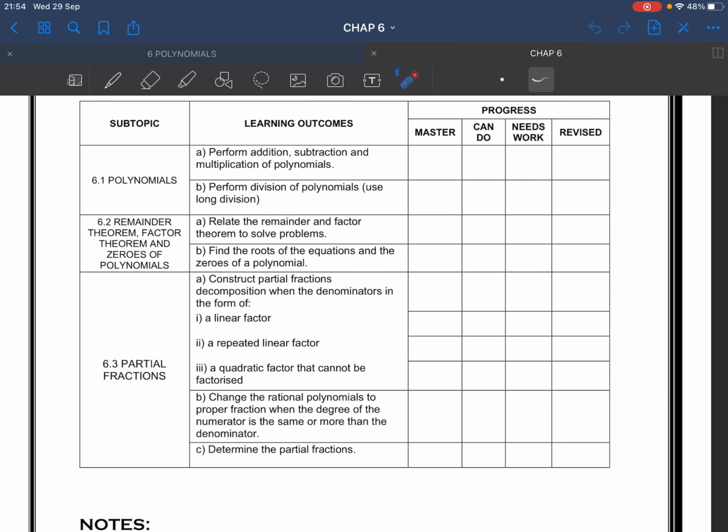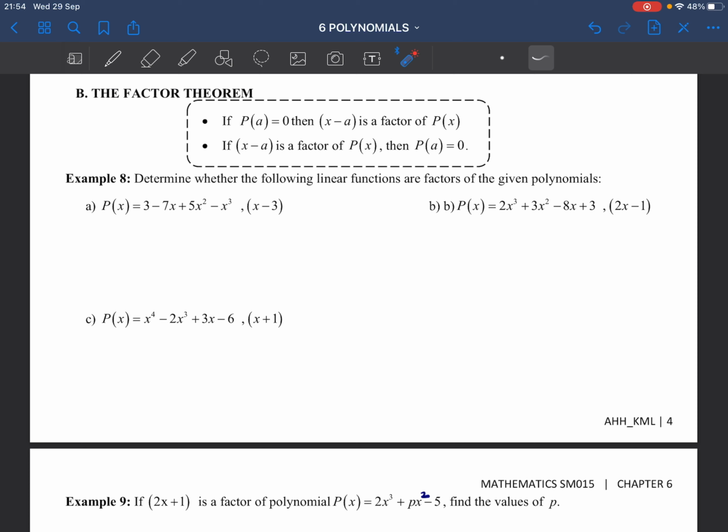Okay, so by the end of this video, kamu patut bezakan lah macam mana nak guna remainder theorem and how to use a factor theorem. So now let's see the statement here, the theorem here. We have if P(a) is equals to 0, then x minus a is a factor of P(x). Keyword here is a factor.